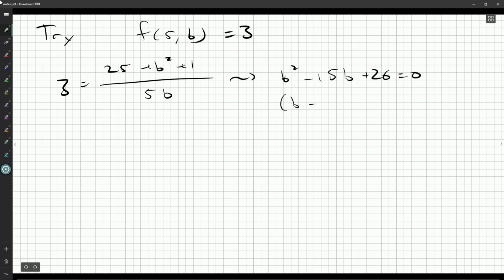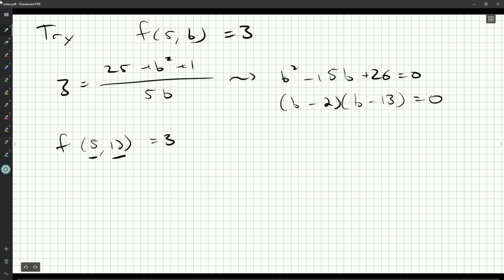And I know I can do 2 there, and 13 would have to be the other one. So f(5,13) is 3. Oh, now that's kind of cool. And so now I know 13 should work, and 5 is a solution.